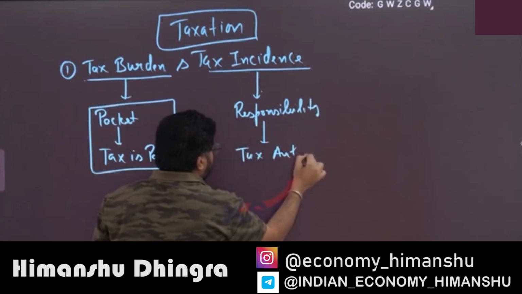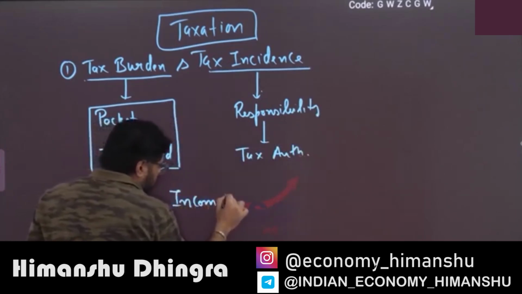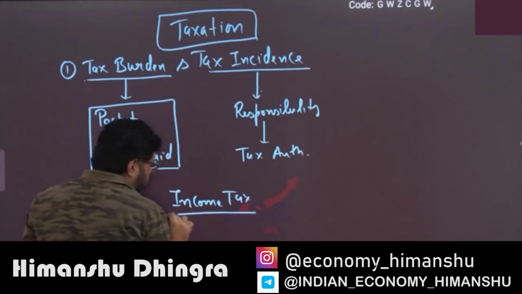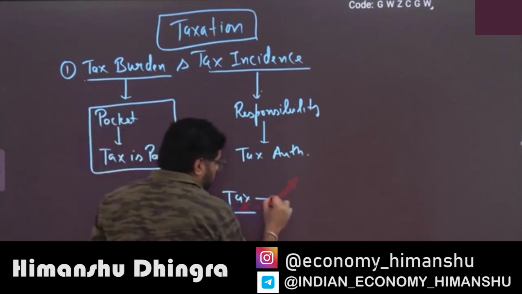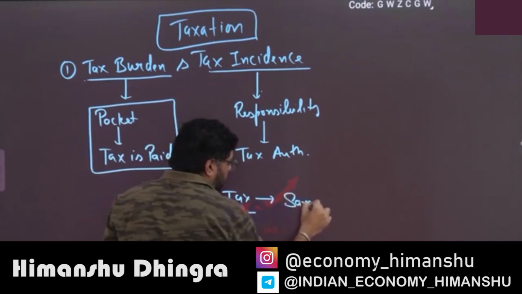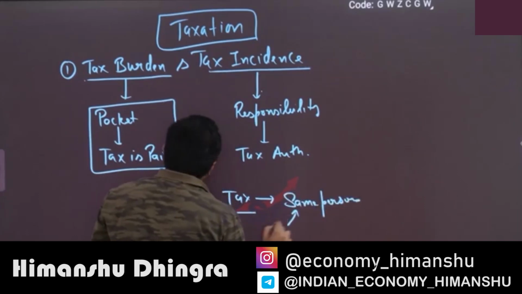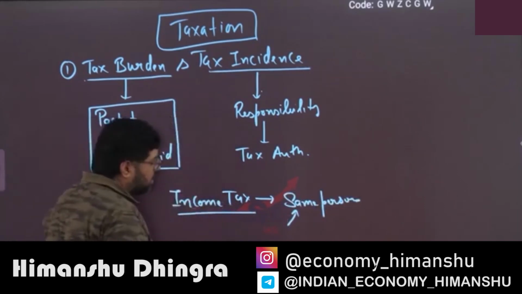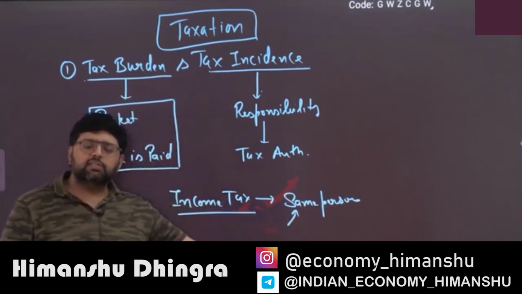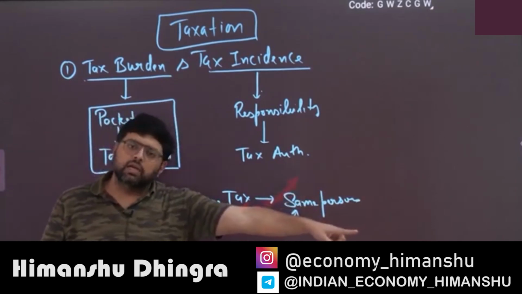आप इसको ऐसे समझ सकते हो. For example, in case of income tax, it is the same person who pays the tax, means tax burden is on the same person, as well as it is the responsibility of the same person that such amount must reach the concerned authority.